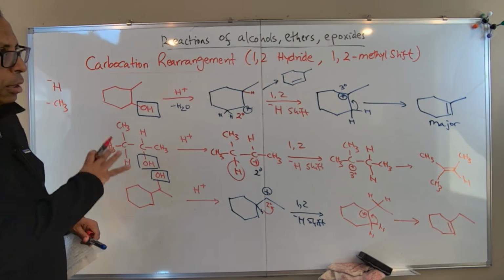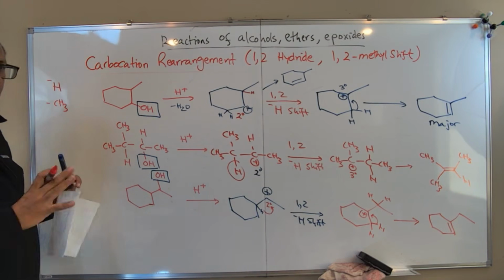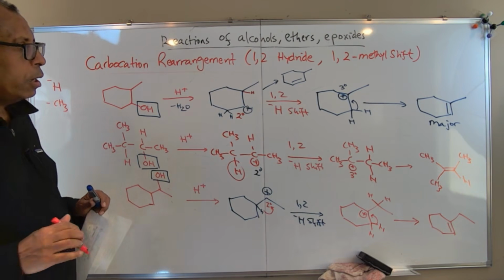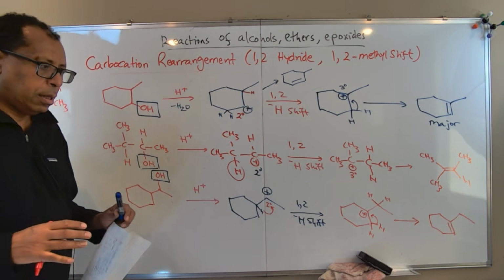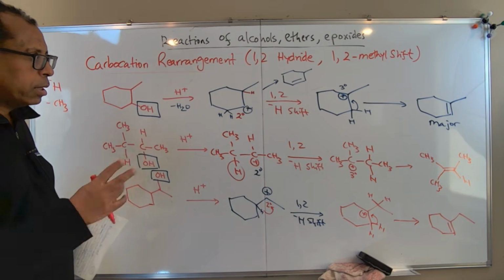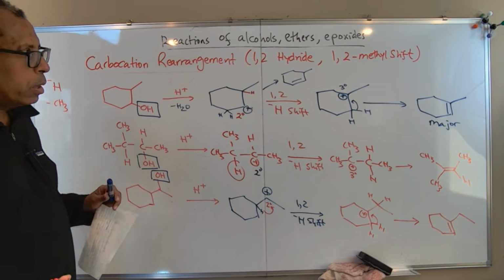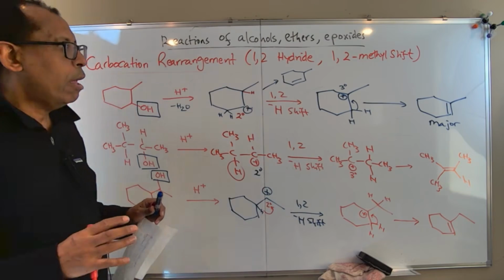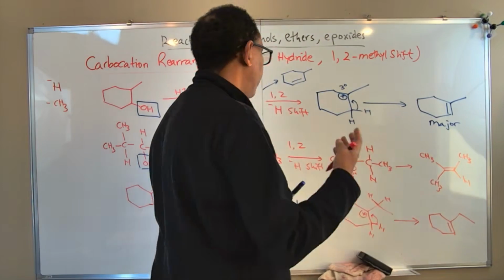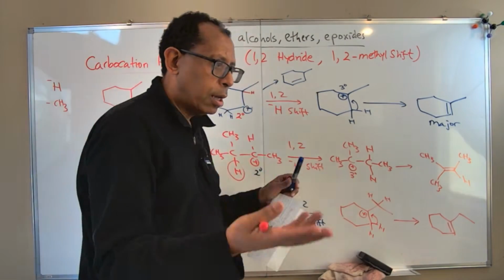So as a summary, you could have a hydride shift or a methyl shift based on what you have and what kind of carbocation it would make. It could be in an SN1 reaction where a carbocation could be formed, or an E1 mechanism. So always make sure that if you see abnormal products, meaning from where you expect the double bond to be, maybe there is a carbocation rearrangement.